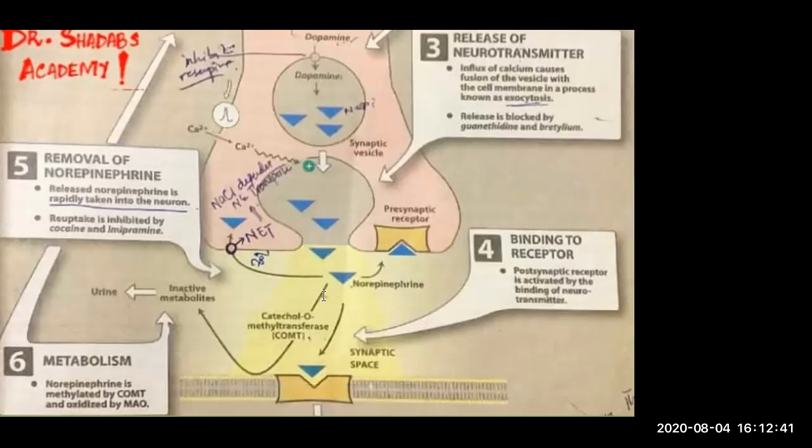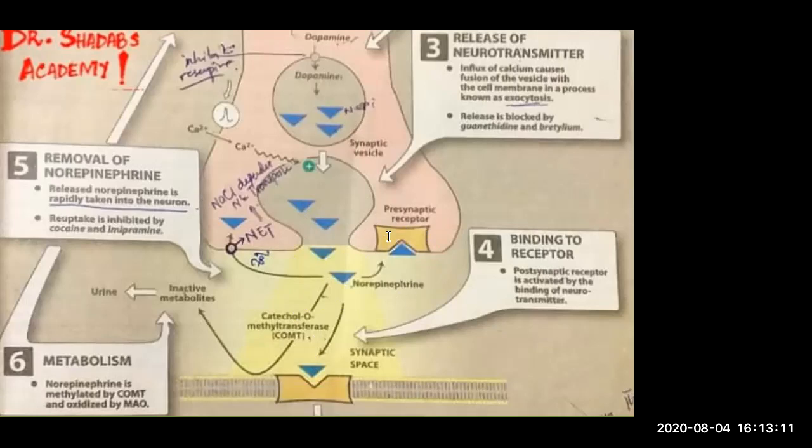When your norepinephrine is released more and more, and there is a lot over here, some of it goes and stimulates the other neuron, but when the quantity of norepi is more in the synaptic space, some of it binds to this presynaptic receptor, giving the signal to this neuron that we don't want more. Stop the production. This is inhibitory.